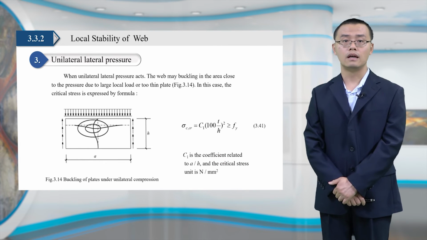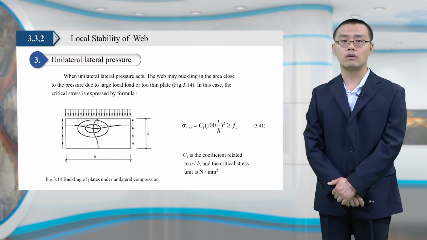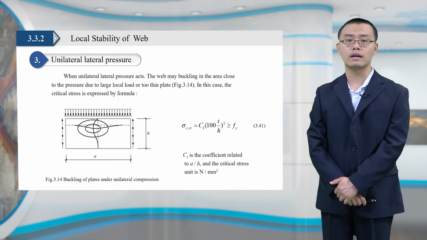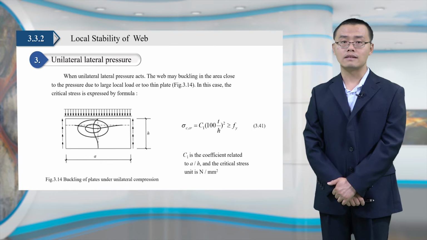Now the third, unilateral lateral pressure. When unilateral lateral pressure acts, the web may buckle in the area close to the pressure due to large local load or a thin plate. You can see figure 3.14. In this case, the critical stress is expressed by formula 3.41.